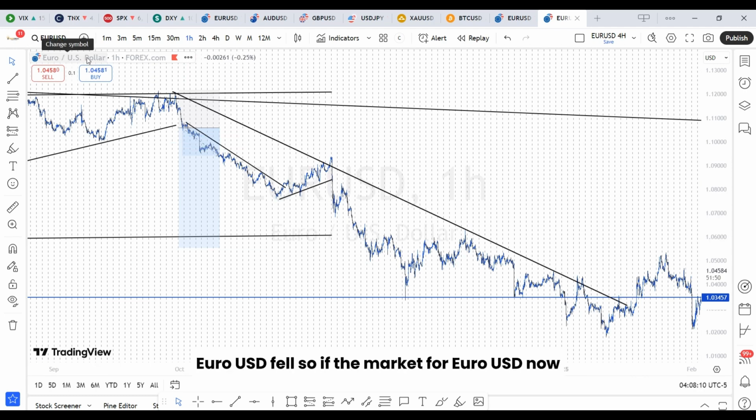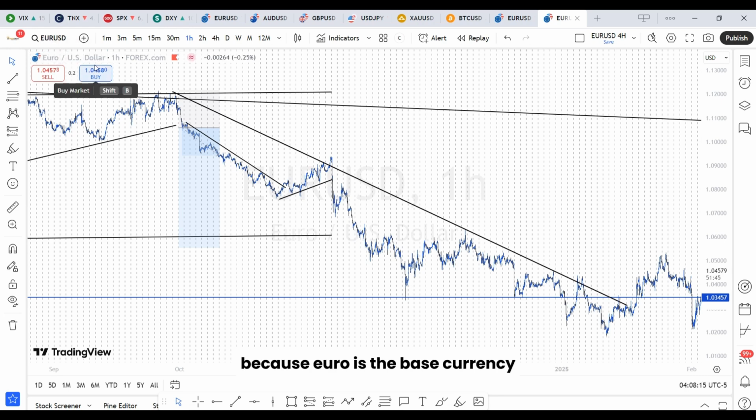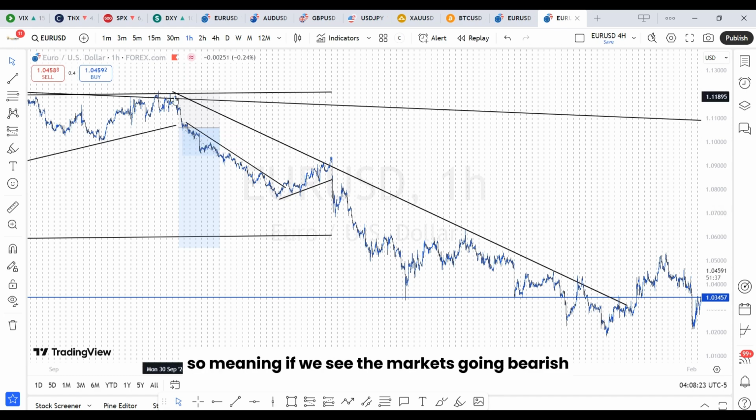So for Euro USD, because Euro is the base currency, meaning that Euro is what this chart as a whole is talking about, if we see the market going bearish, it means that the Euro currency is getting weak.